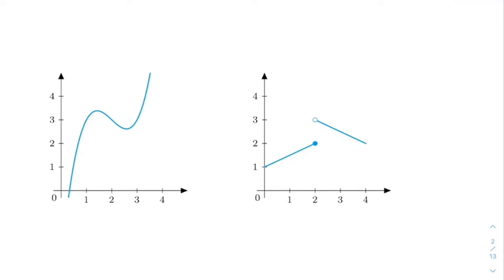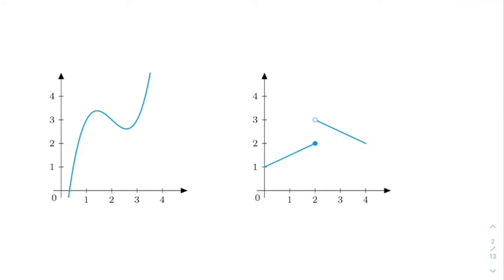So a good way of thinking of continuous functions is as the functions whose graph can be drawn without lifting the pen. So let's see the first one. We could start around here and we can travel this graph without lifting our pen.